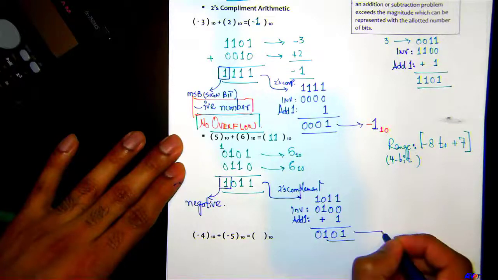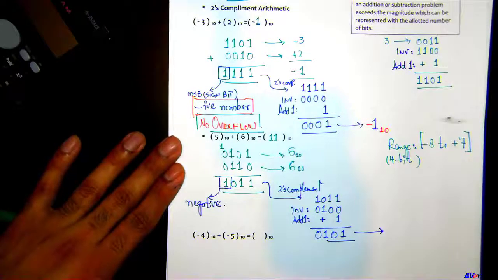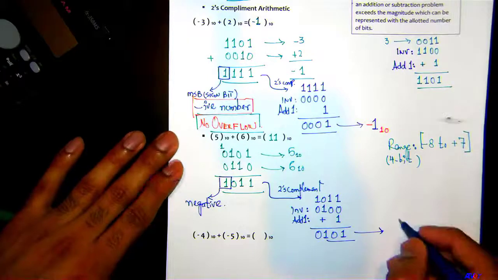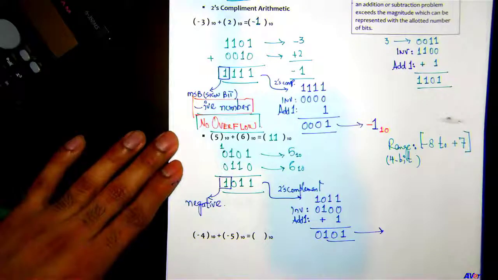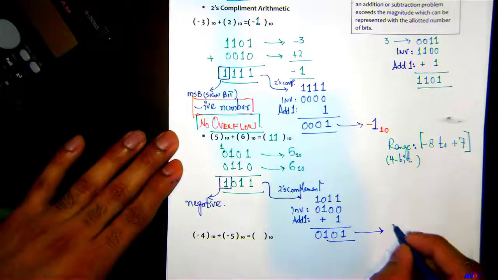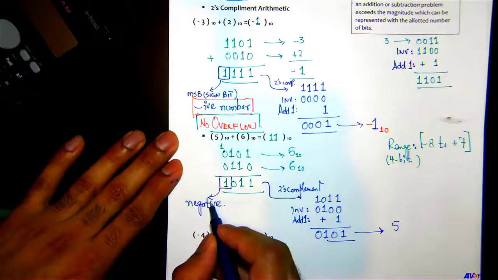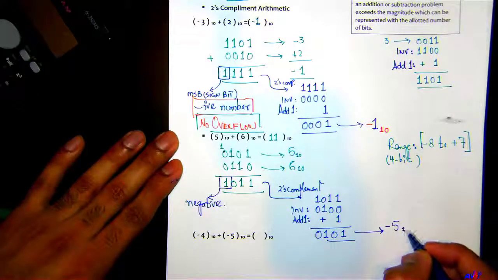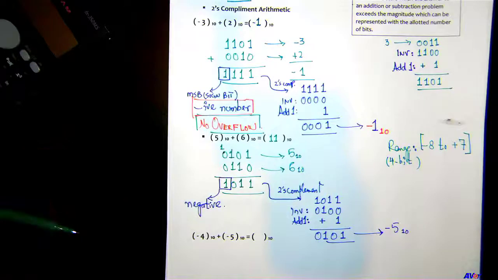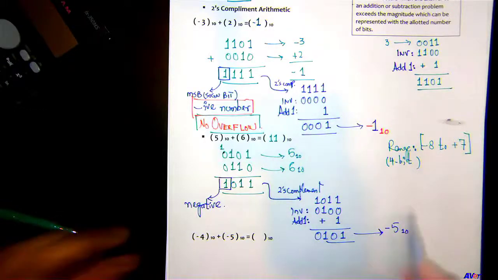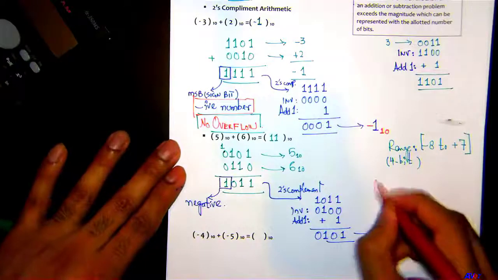This corresponds to what number in decimal? 101. Come on, guys. 5. Because the sign bit was negative, this is a negative 5 in decimal. That is what the 2's complement binary system is telling us, whereas the answer should have been 11, right? So we say there's an overflow here.